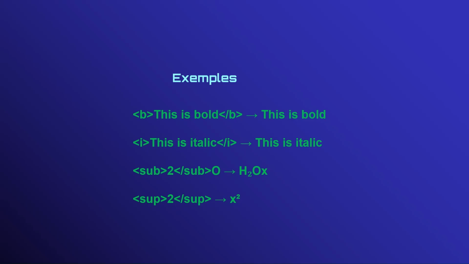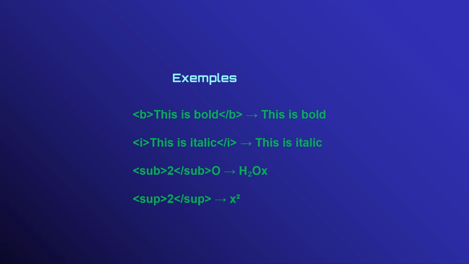So for example, when we have the bold, we say that this is bold. That particular phrase, this is bold, will be in bold format by the time we see it on our web page. Likewise, the italic, same goes for the sub. Like I mentioned earlier, we use the sub to express mathematical formulas or chemical formulas.